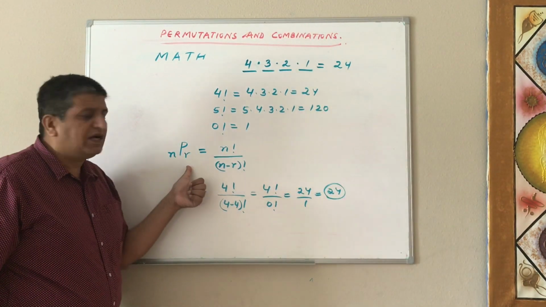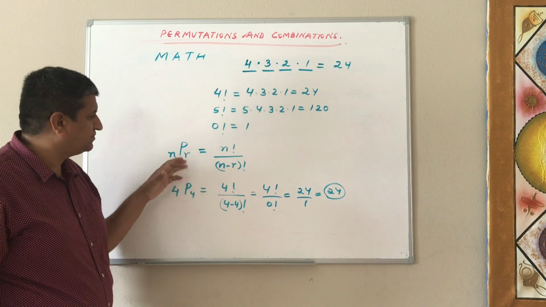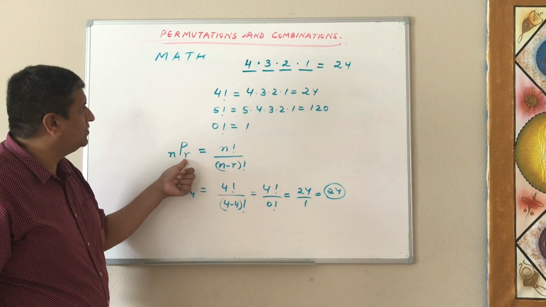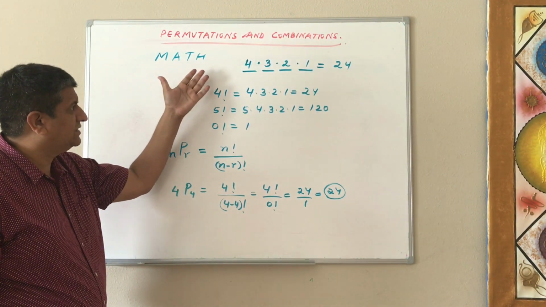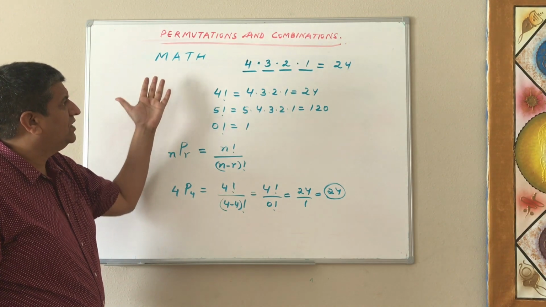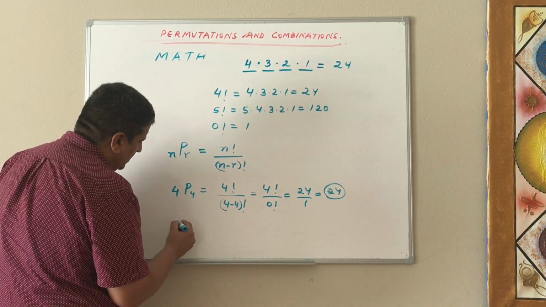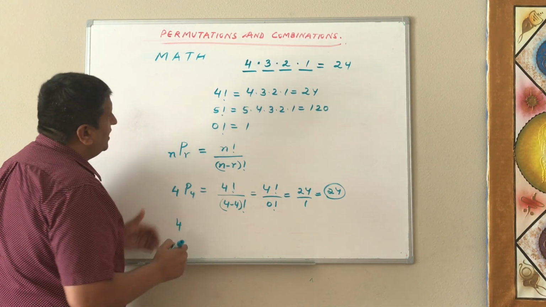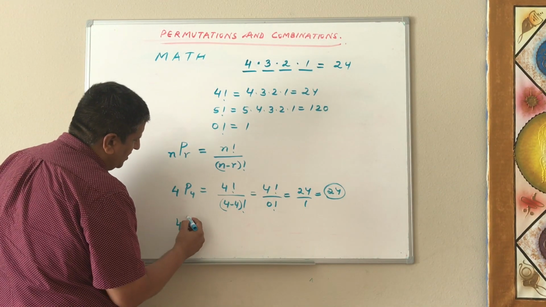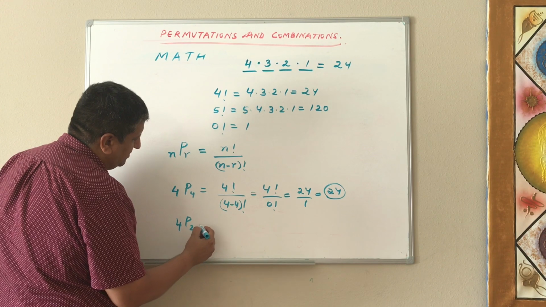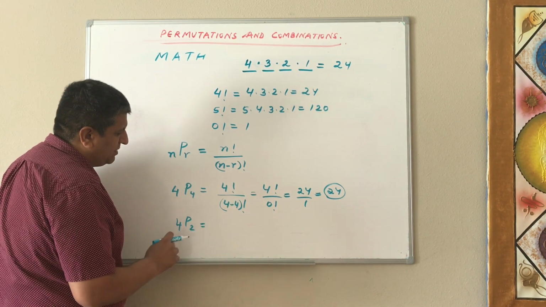What if I do not pick all four of these letters? If I want to see just the 2-letter words, how many 2-letter words can I have? I have 4 letters to choose from, but I want to pick only 2 of them. How many different arrangements are possible?